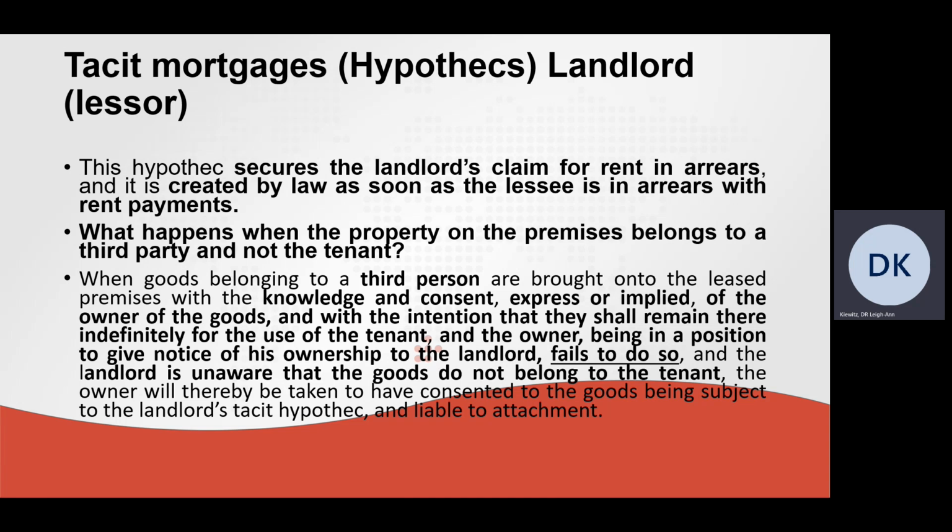This hypothec secures the landlord's claim for rent in arrears and is created by law as soon as the lessee is in arrears with rent payments. What happens when the property on the premises belongs to a third party and not the tenant?